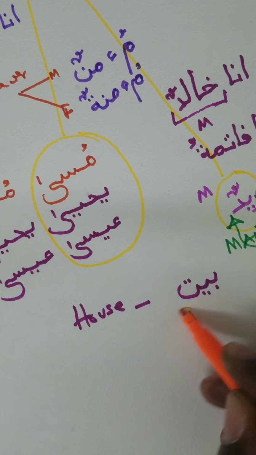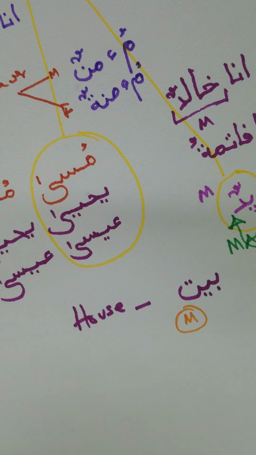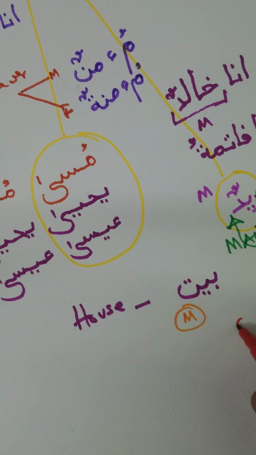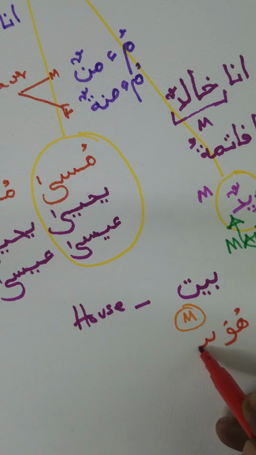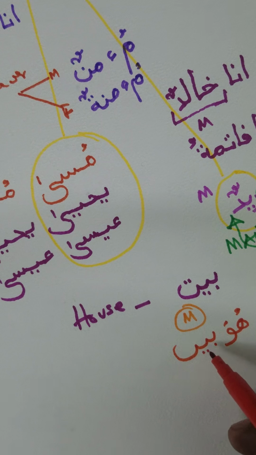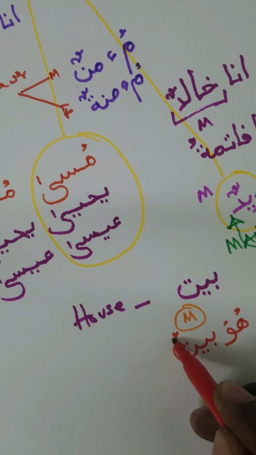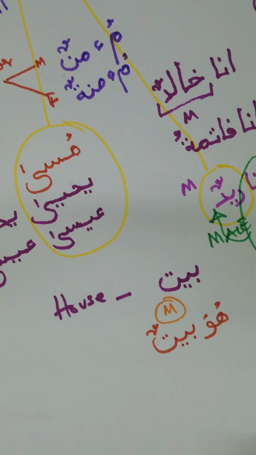So this word is masculine. So this is what we are going to do. Because we do not have it in Arabic, this word is going to be huwa baitun. See?